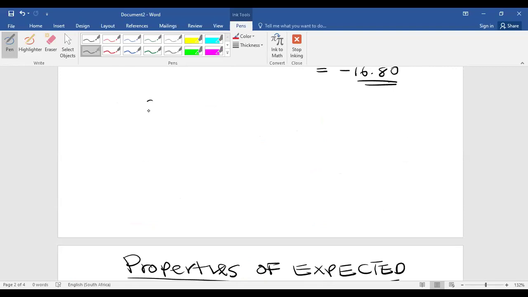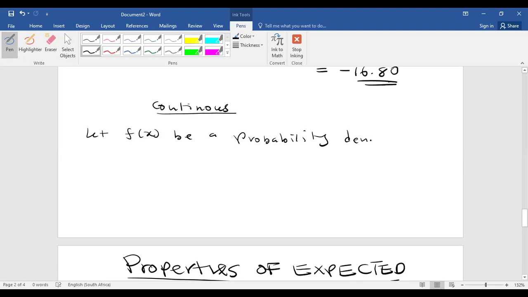So for continuous probability, we'll say let f of x be a probability density function, abbreviated as PDF.